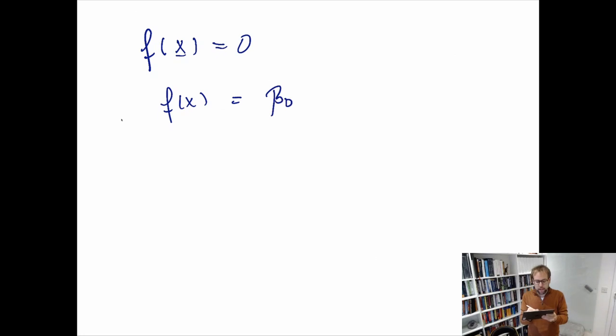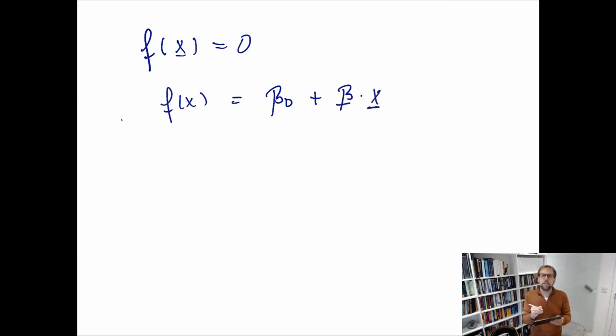So what we know is that if we define a support vector classifier, the linear model, then my decision boundary is given by f of x equal to 0, and this f of x is some function which is beta 0 plus beta vector times x vector.